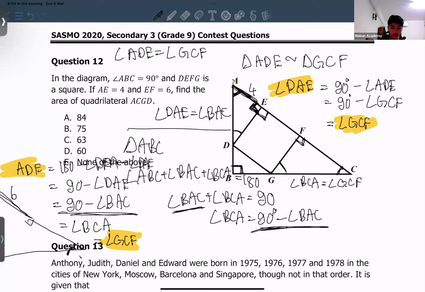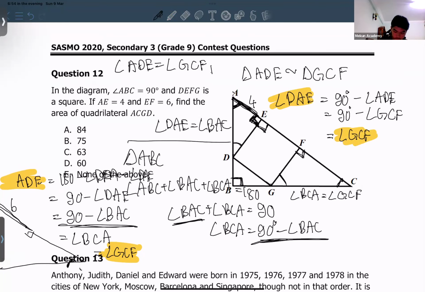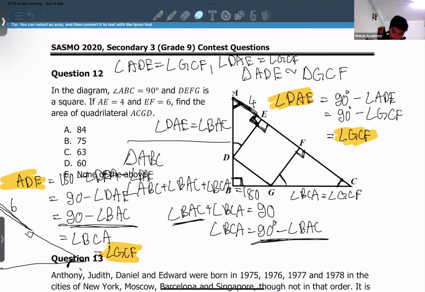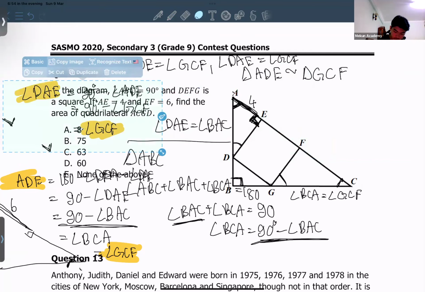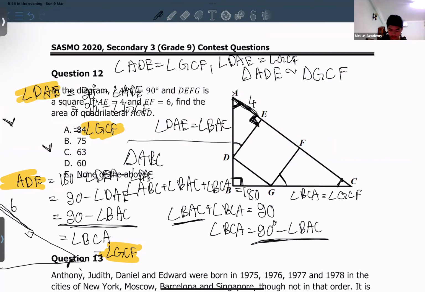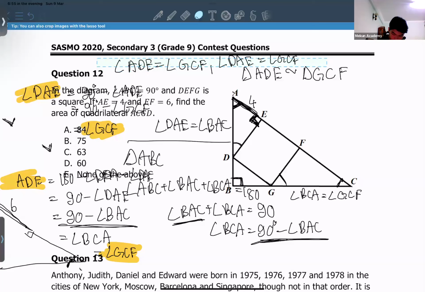So from here, you get two things, which is important. You get ADE equals GCF, and angle DAE equals angle FGC. So from here, I'll move this to the side. In triangle ADE and triangle GCF, you get this up here.